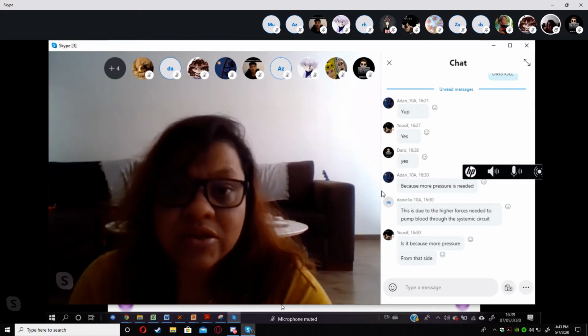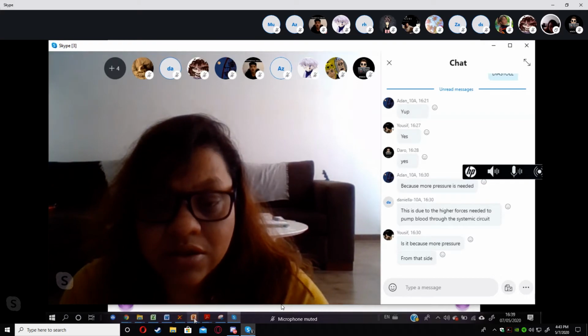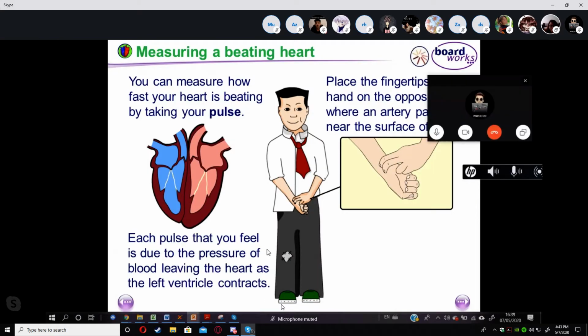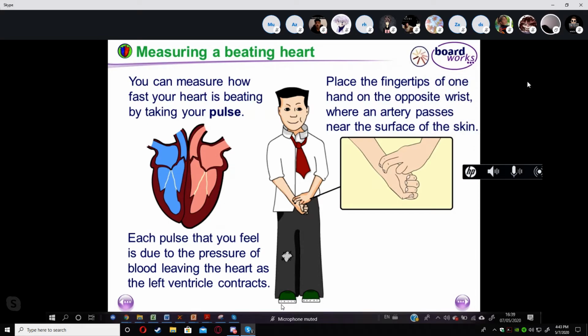The pulse you feel is due to the pressure of blood leaving the heart as the left ventricle contracts. Did you understand what I just said? What is a pulse? A pulse is caused by the expansion and relaxation of the artery due to the pressure of blood leaving the heart as the left ventricle contracts.